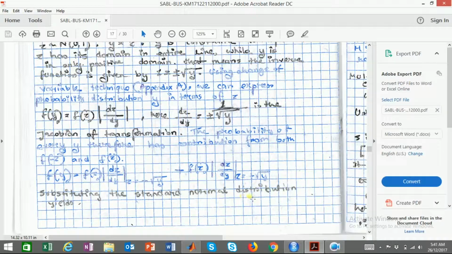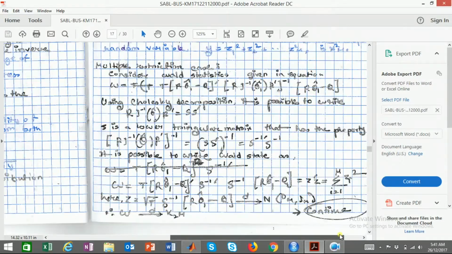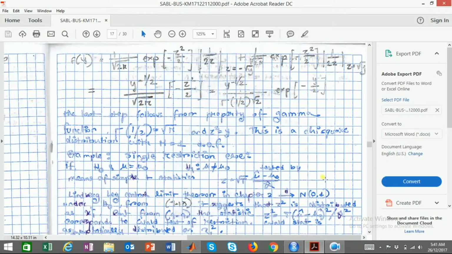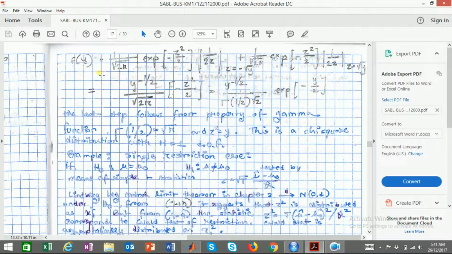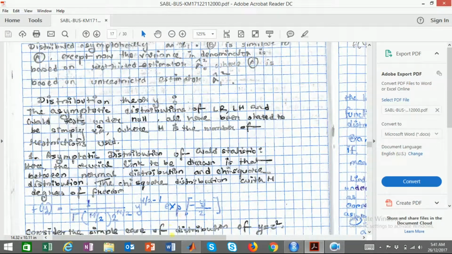Substituting the standard normal distribution will yield f(y) equals 1 by root over twice pi, exponential of minus z square by 2, with the determinant value of 1 by 2z plus 1 by root over twice pi. This is just putting things into this equation, very simple.